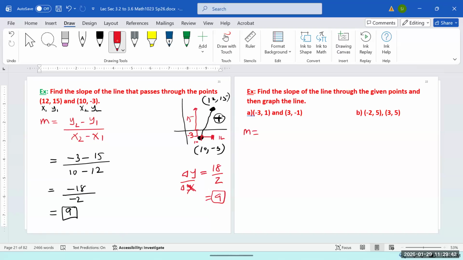So M will be y2 minus y1. So to put everything in, M equals negative 1 minus 1. Negative 1 minus 1. Minus negative 3, but with the double negative.